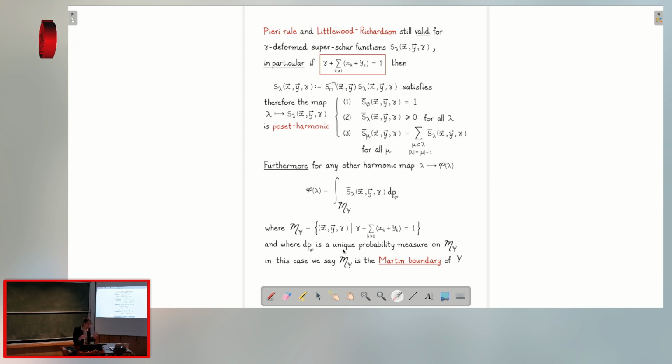In this case, we say that the simplex is the Martin boundary of the Young lattice. Given an arbitrary harmonic function, I can always solve the Dirichlet problem with respect to this boundary that I've added to the Young lattice.